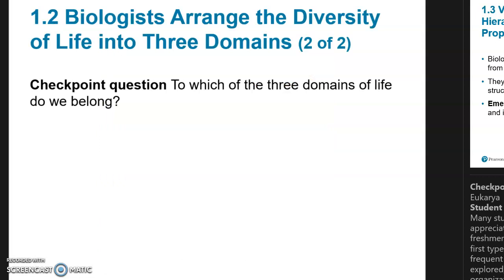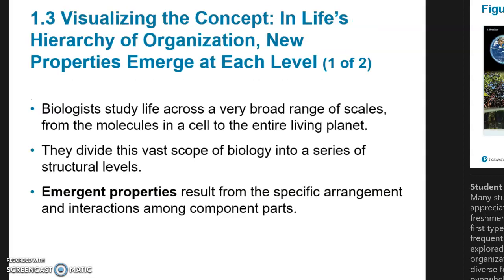Okay, so we already talked about this. We're in the domain eukarya in the kingdom Animalia. And so now we're going to kind of switch gears a little bit, and we're going to talk about emergent properties.